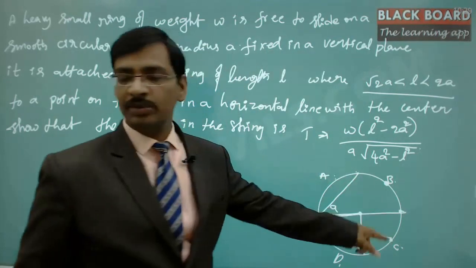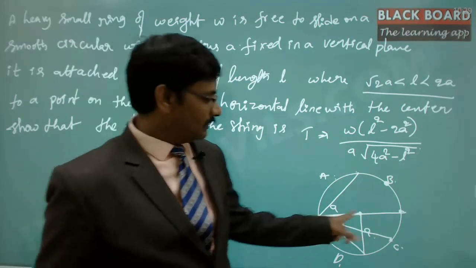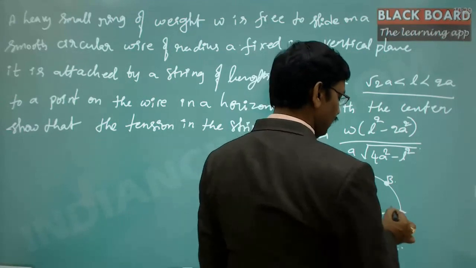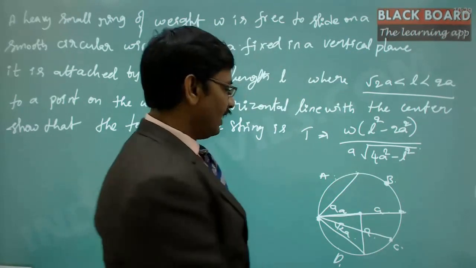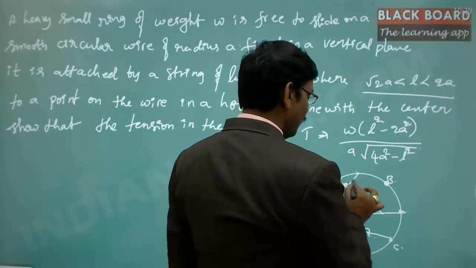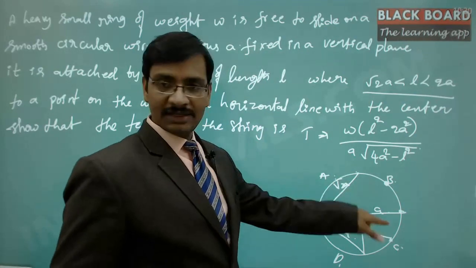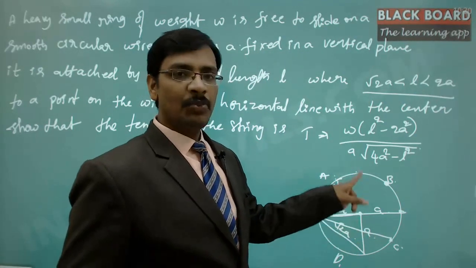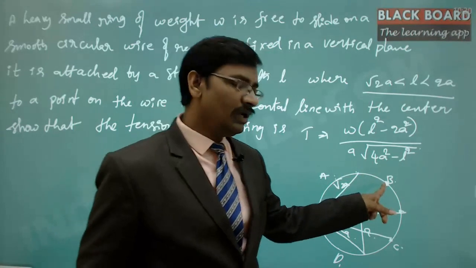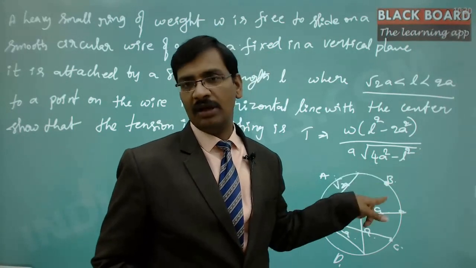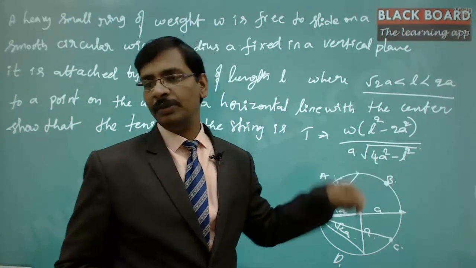So this is a and this is a, this length is 2a and till this point it is root 2a, and the length is greater than root 2a and less than 2a. Hence the possibility of stopping the string is only at this particular location, and that's where the tension is going to be developed within the string.